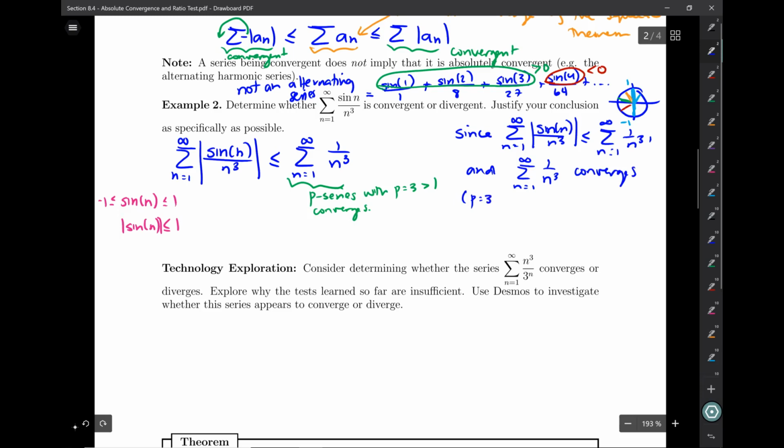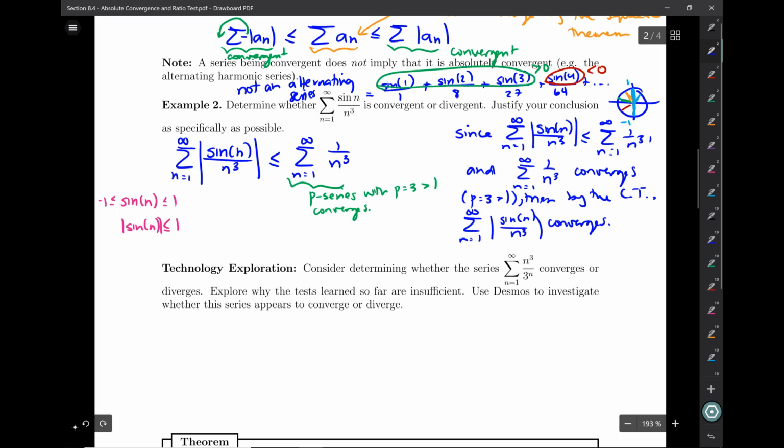Again, p-value is 3, which is greater than 1. Then by the comparison test, this series, absolute value sine n over n cubed, also converges.